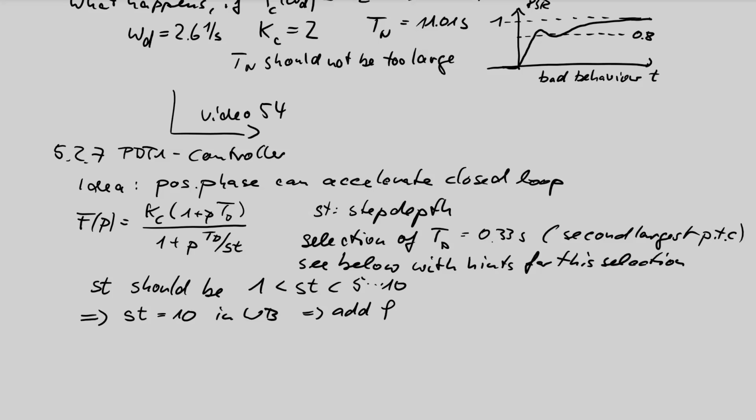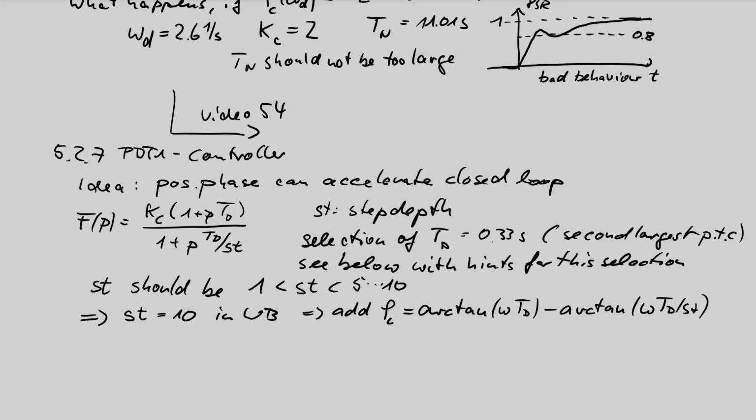Add phi, which is arc tangent omega TD, the positive part of the phase, minus arc tangent omega TD divided by step depth. That's the negative part.